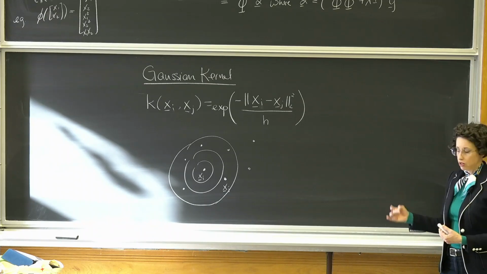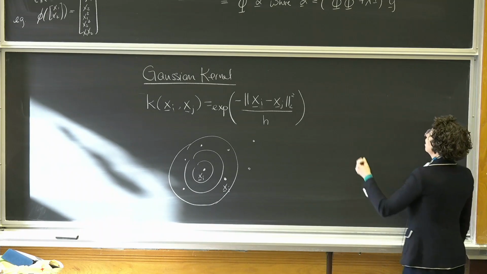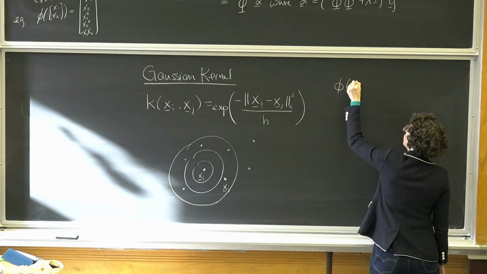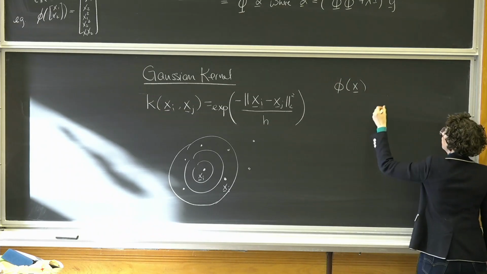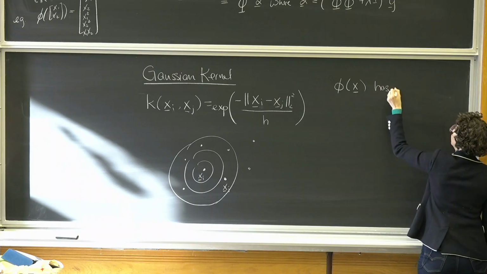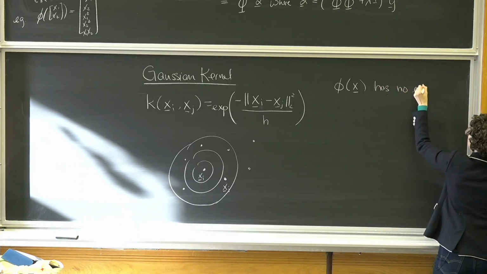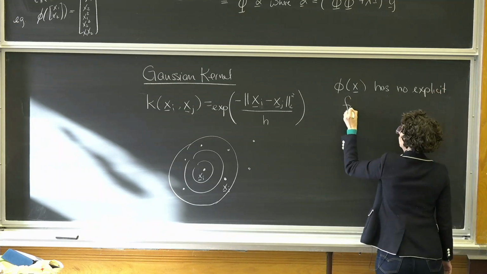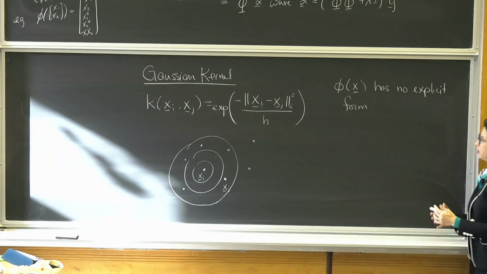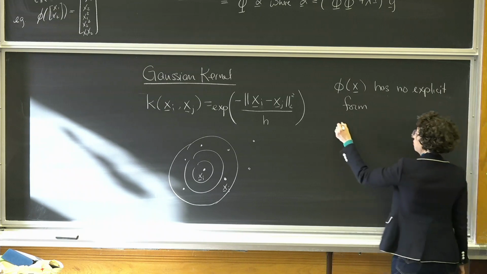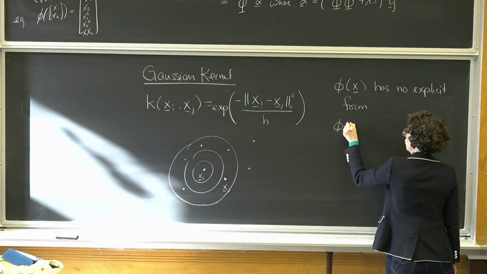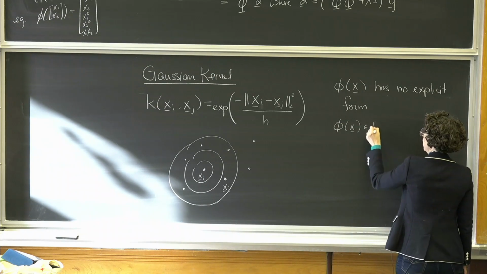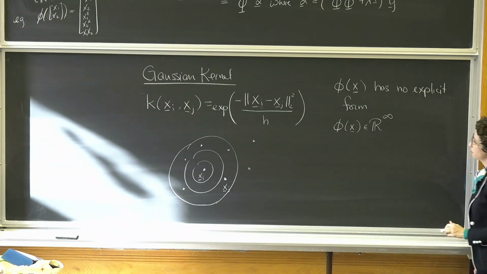The Gaussian kernel is interesting in part because the corresponding phi function has no explicit form. So really, this is a case where there's implicitly a high-dimensional feature space, and in fact, you can show that phi of x is infinite dimensional.